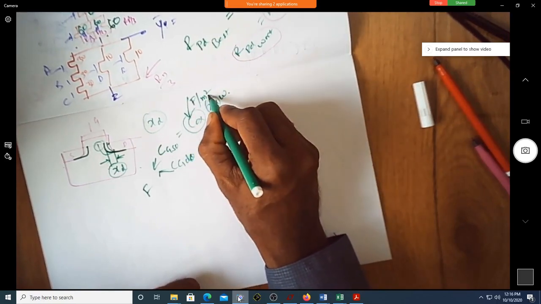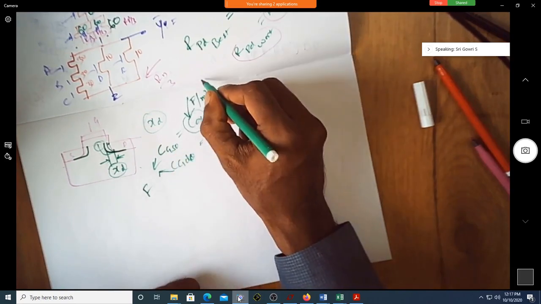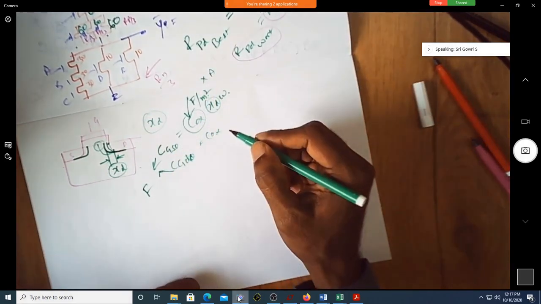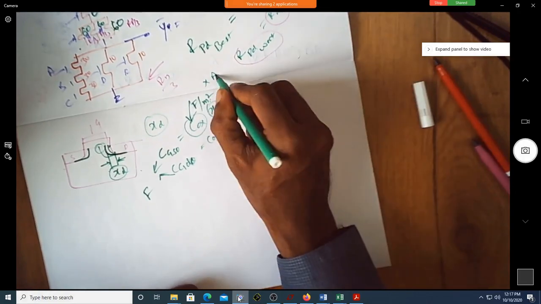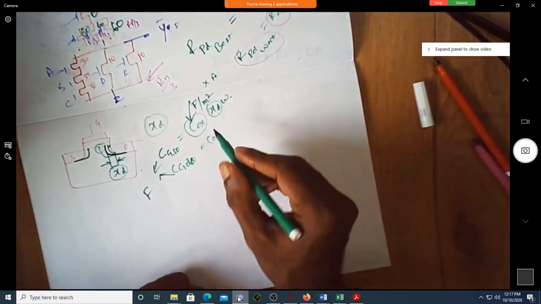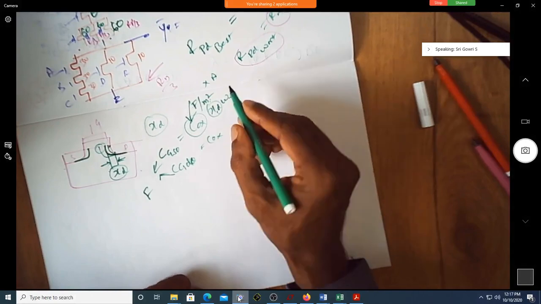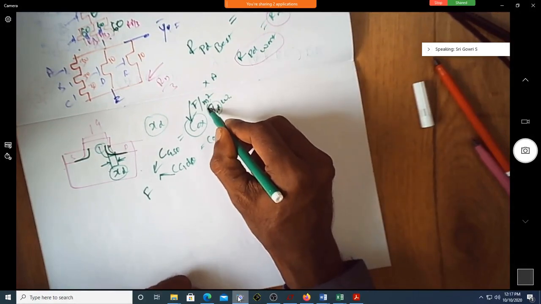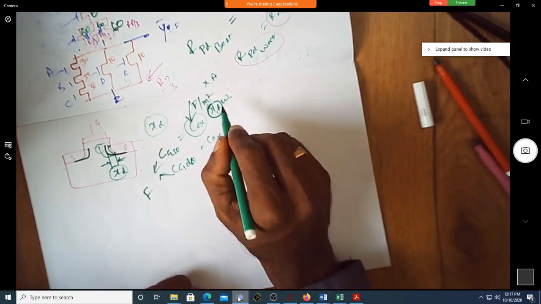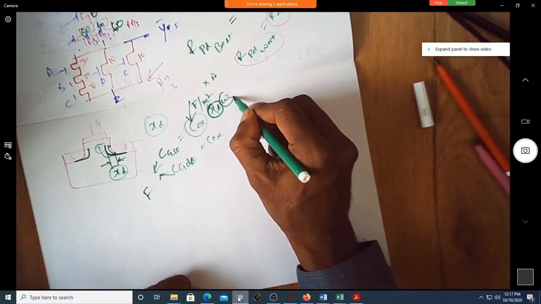Since it is farad per meter square, if I want to get farad, I need to multiply it with the area, XD into W. But unfortunately, XD is not in the control of the user. Only the user has control over the width.